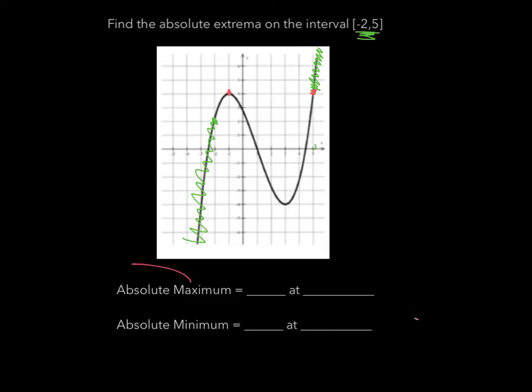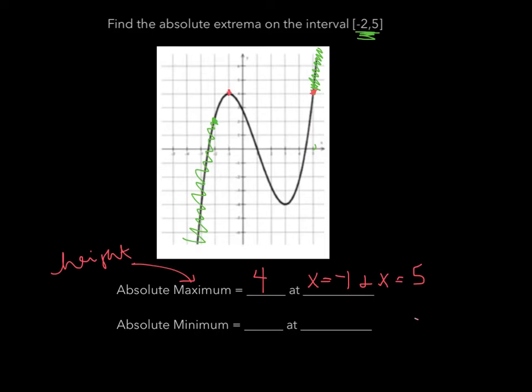When they're asking for the maximum, that is the height of the function at that point. And so my absolute maximum here would be 4. But it occurs at 2 different places: at x equals -1 and x equals 5. So the maximum is 4 at x equals -1 and x equals 5.